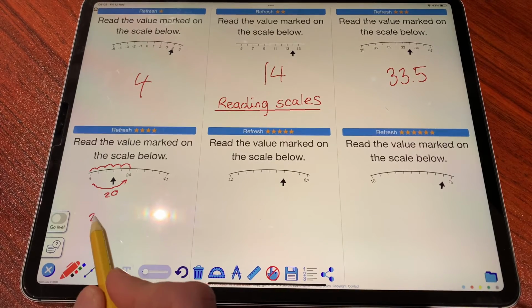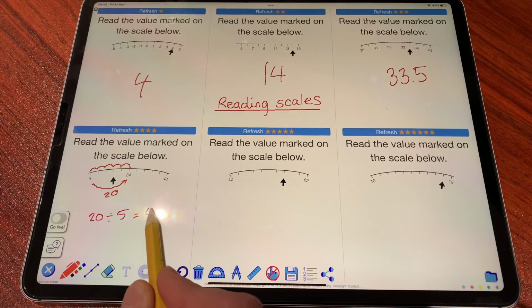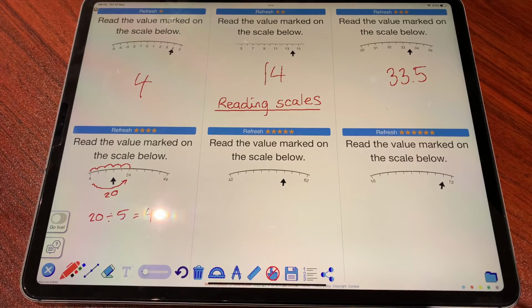So if I divide 20 by the number of jumps I need to make, I get 4 as being my answer. So this time, rather than going up by 1 or half, it's actually going up by 4 every time. So counting up in 4, 4, 8, 12, 16 is the number being indicated by the arrow.